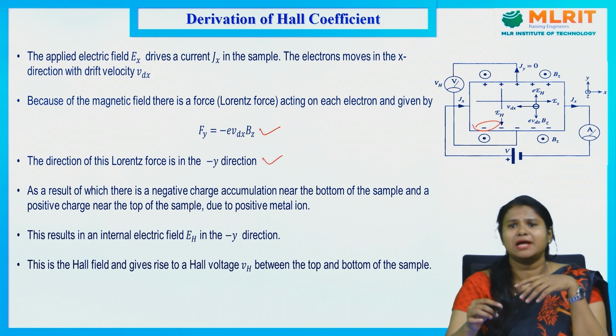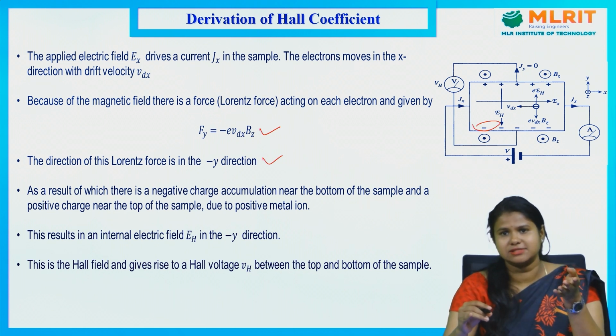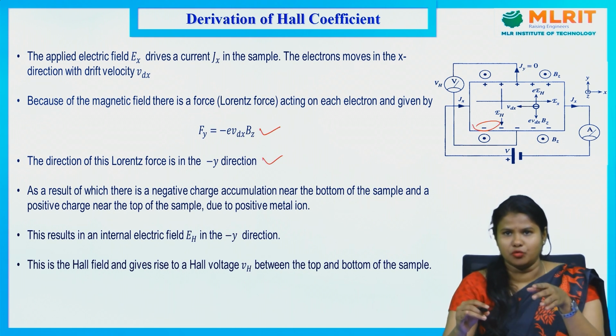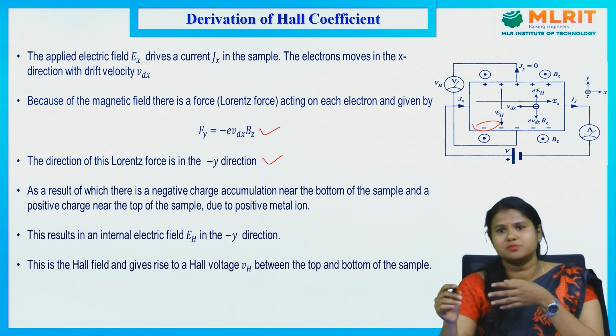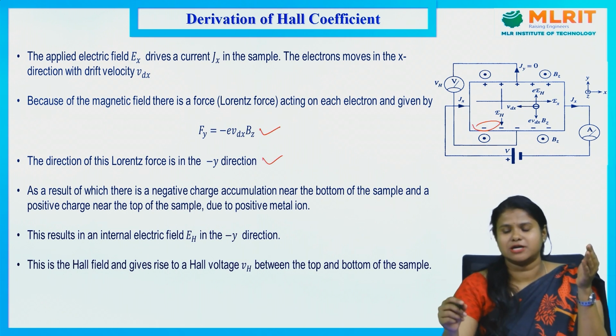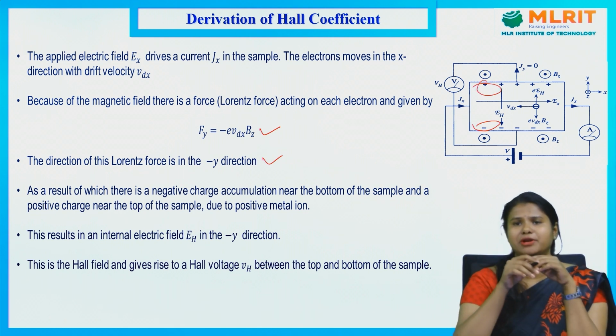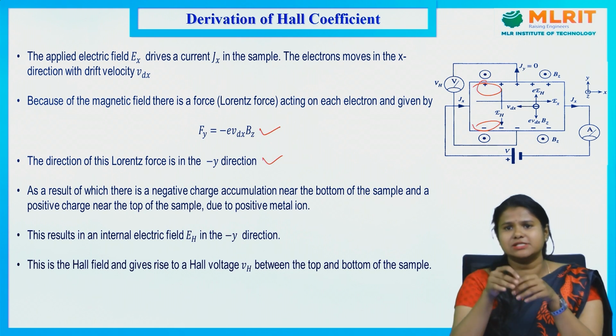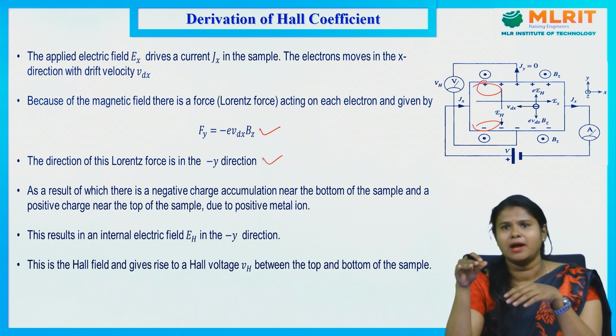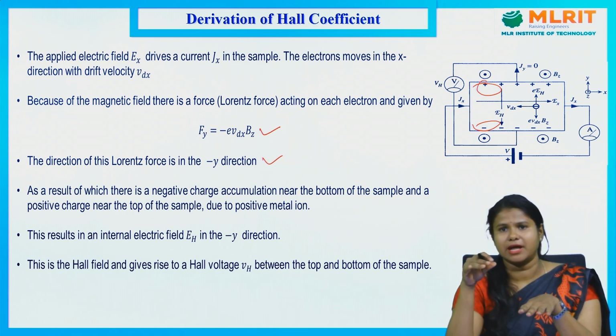Similarly, what will happen if we consider the holes, which are the positive charge carriers? The Lorentz force will drive the positive charge carriers to the top of the semiconductor or metal. So all the positive charges will accumulate at the top and the negative charges will accumulate at the bottom.